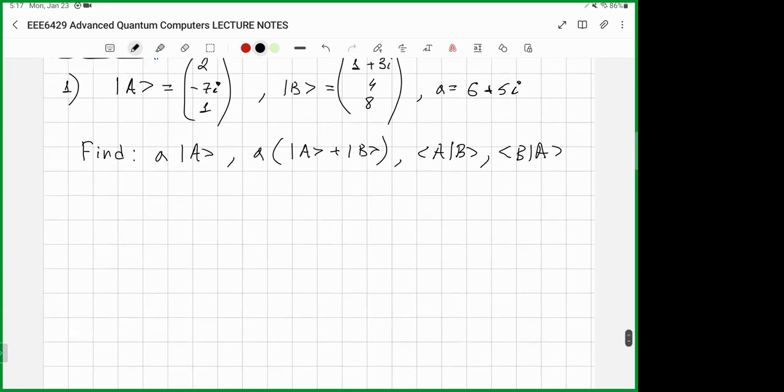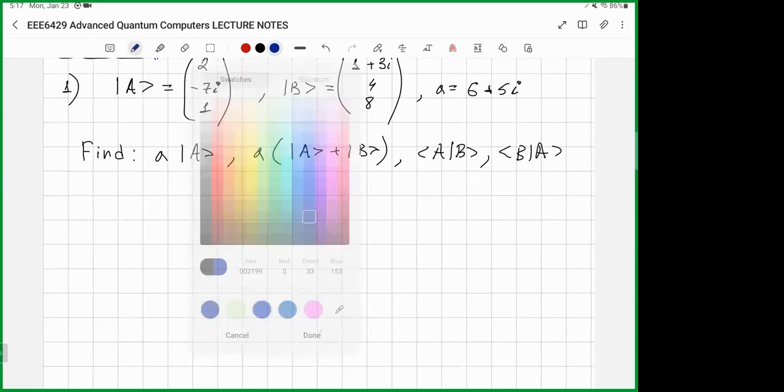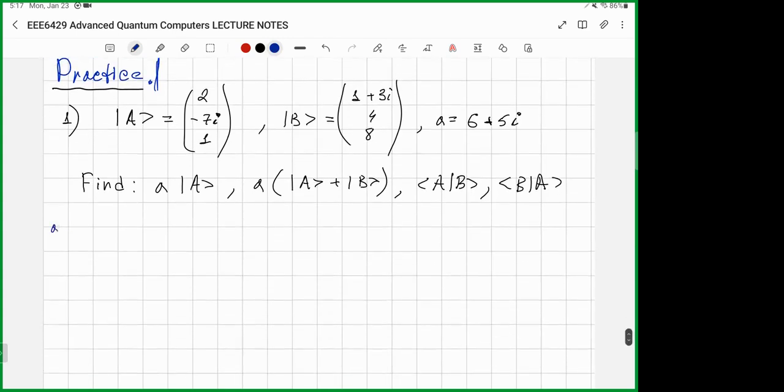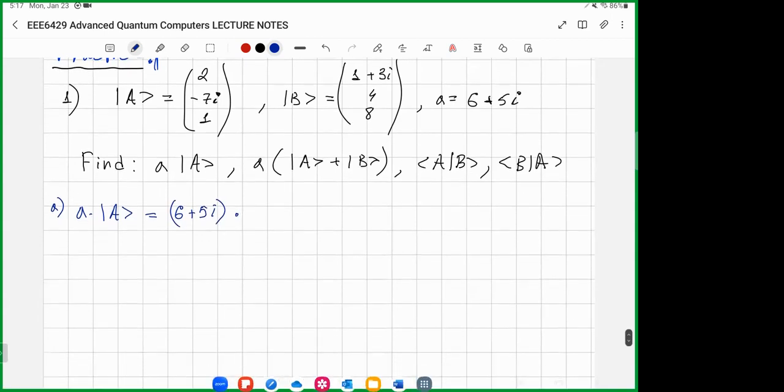Let me change the color for the solution. Okay, the first one: a times vector A. Our scalar a is equal to 6 plus 5i, and our vector is 2, minus 7i, 1. How do we take the product of a scalar and a vector?